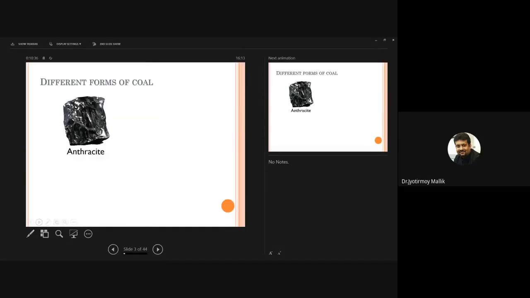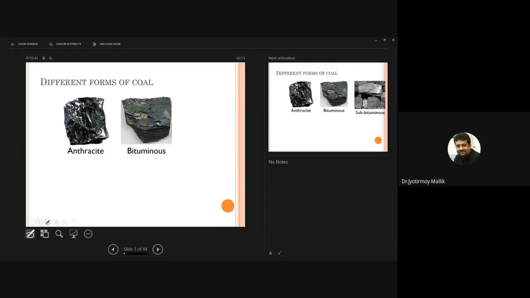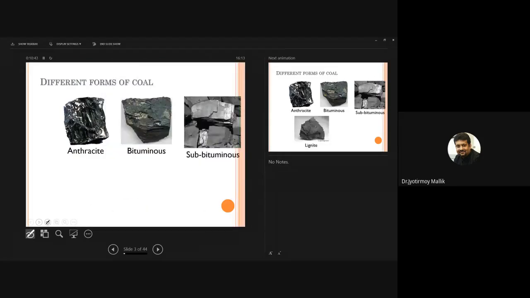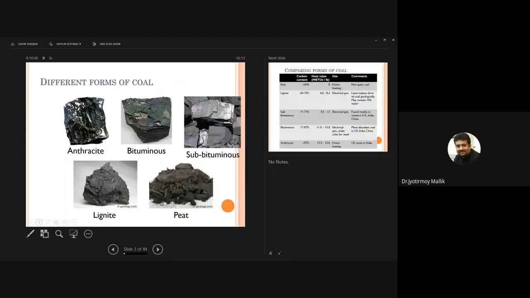So, different forms of coal. The first one is anthracite, and then you see bituminous. Let's just put all of them together: subbituminous, lignite, and peat. So we will start from peat. The precursor of coal is of course wood or plant material, which goes through the coalification process due to burial.